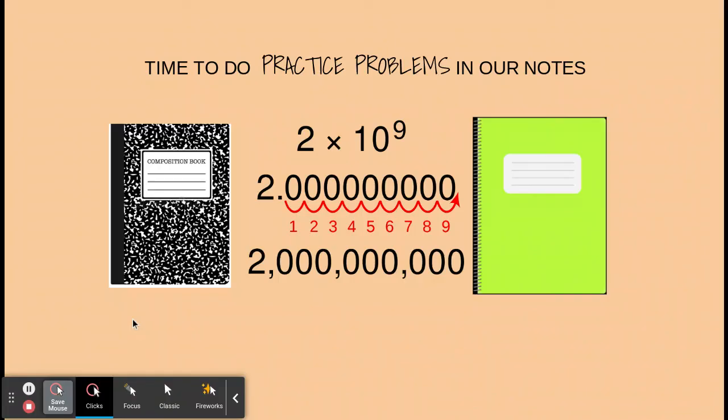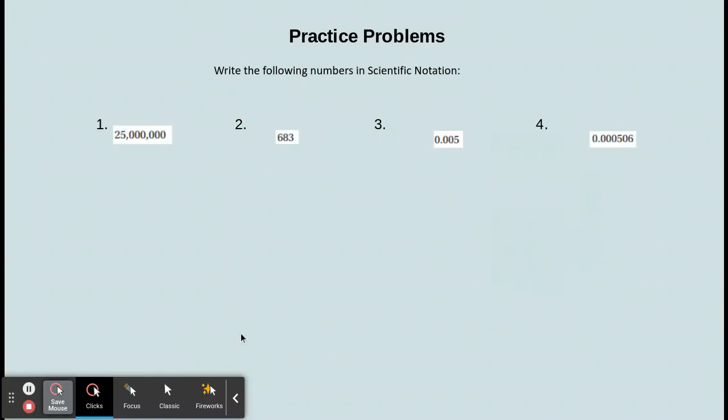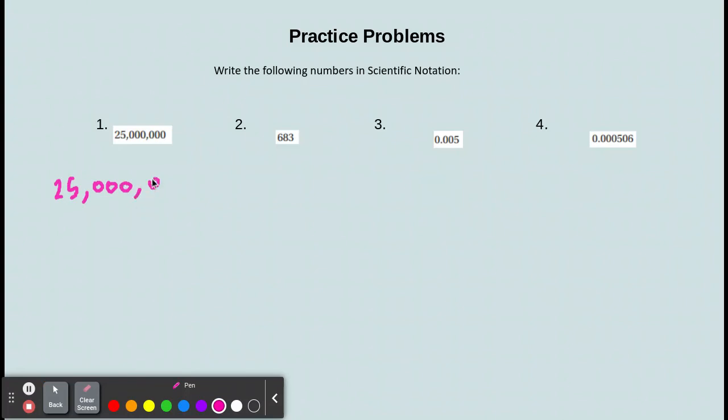Okay, now it is time for you to do 7 practice problems. On these practice problems here, 1, 2, 3, and 4, all you're going to do is rewrite it using scientific notation. That means, for instance, on this first one, I'm going to rewrite it.